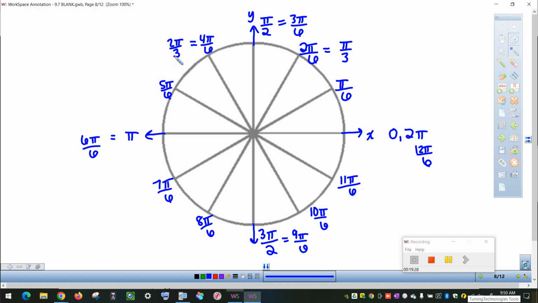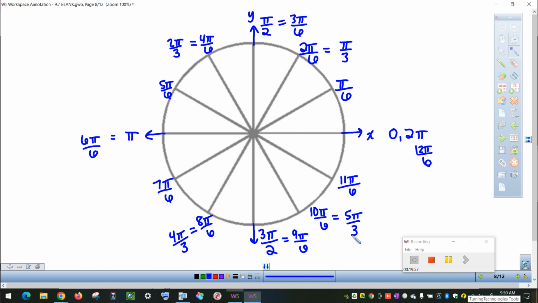Then moving into the third quadrant, we have 7 pi over 6. 8 pi over 6 is really 4 pi over 3. 9 pi over 6, that simplifies to 3 pi over 2. We already have that one labeled. 10 pi over 6 is 5 pi over 3. 11 pi over 6, keep it as it is. If we get back to where we started, it's 12 pi over 6, but that's really the same thing as 2 pi.